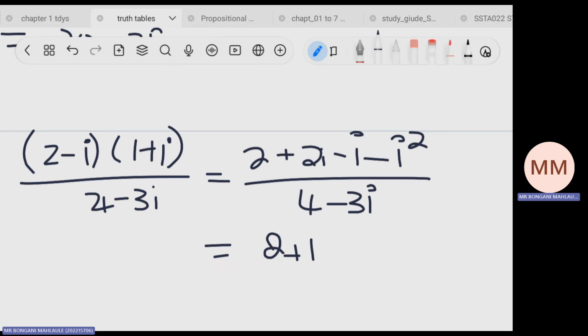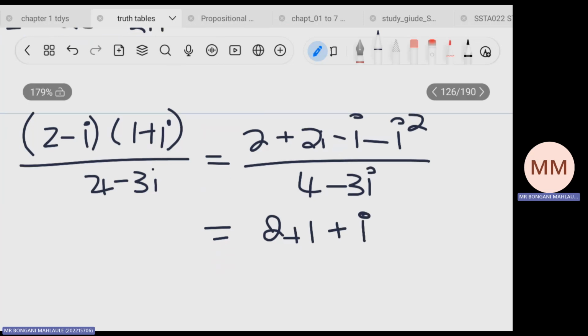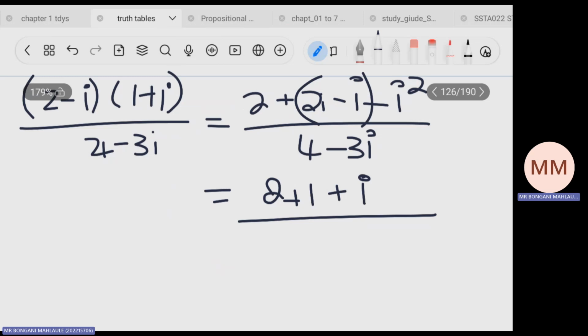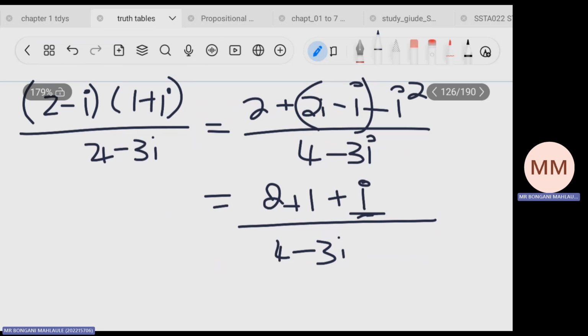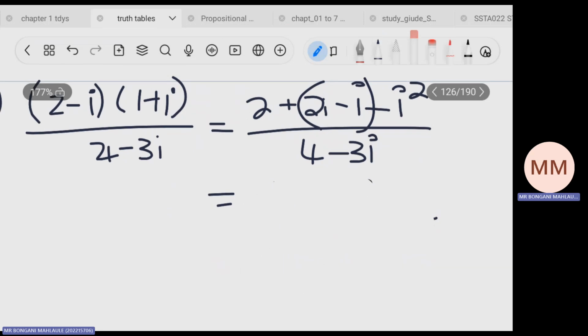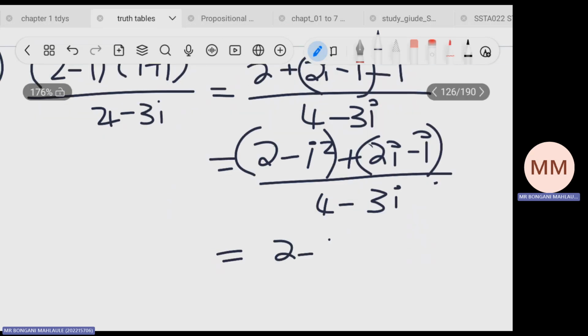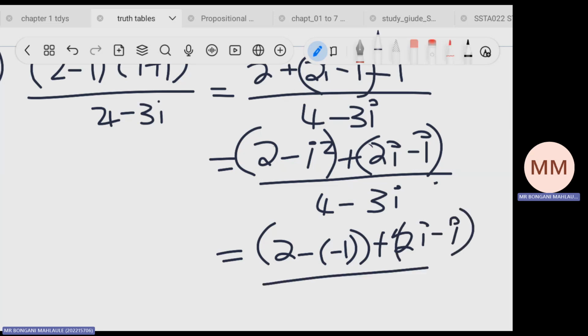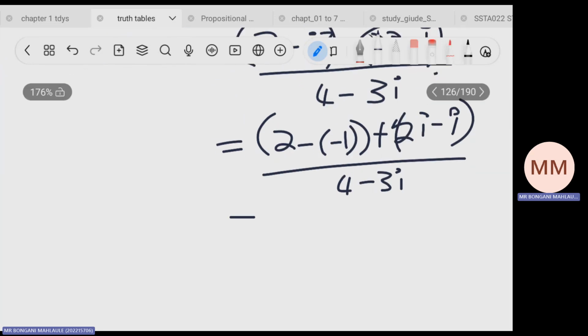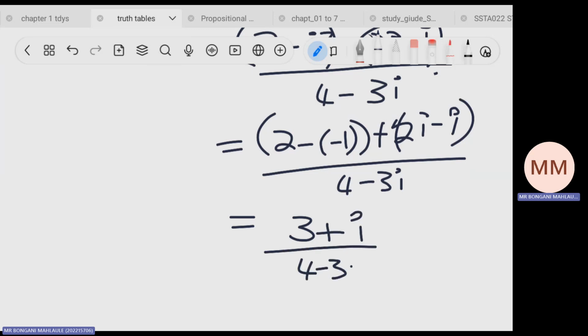So we're having plus 1. Or perhaps let me do this step by step. So I'm having 2 minus i squared plus 2i minus i, over 4 minus 3i. So these two together, this will be 2 minus negative 1. And this is the same as 3 plus i all over 4 minus 3i.